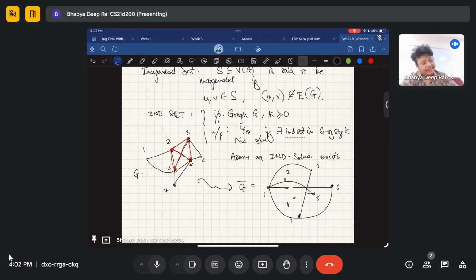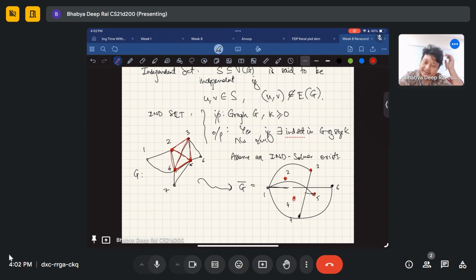So you should observe something. See, 2, 3, 4, 5 was the set of vertices in the previous clique of K4. Look at those same vertices. It cannot be that there is an edge among 2, 3, 4, 5.